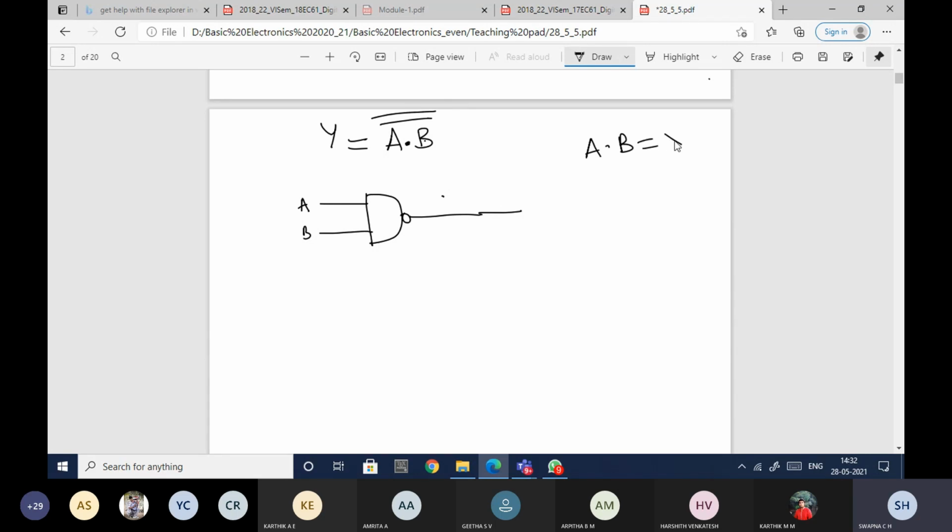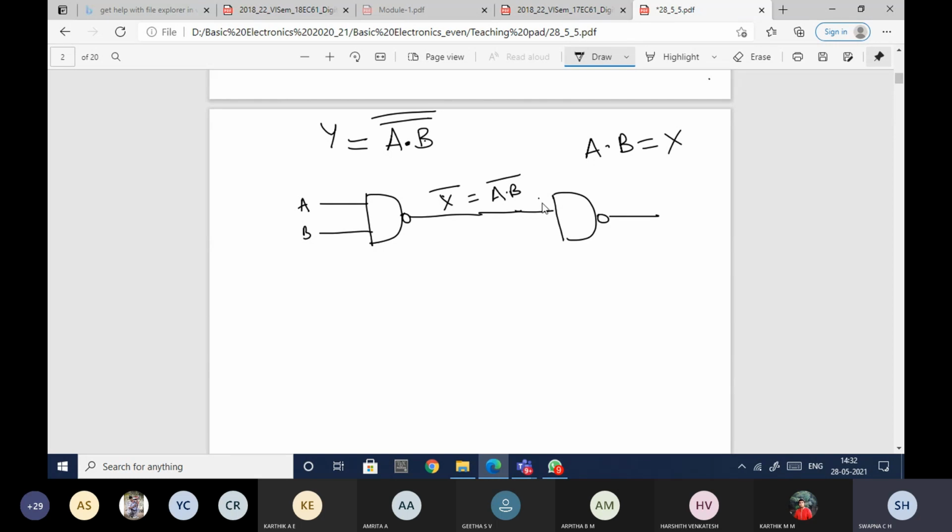A dot B I'll take as X, so here I'll get X bar, which is nothing but A dot B bar. Now I don't want A dot B bar, I want the whole bar of that. For that I could use one NOT gate, but I cannot, so I take a NAND gate only.